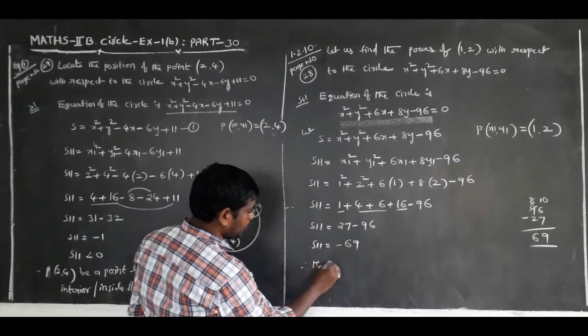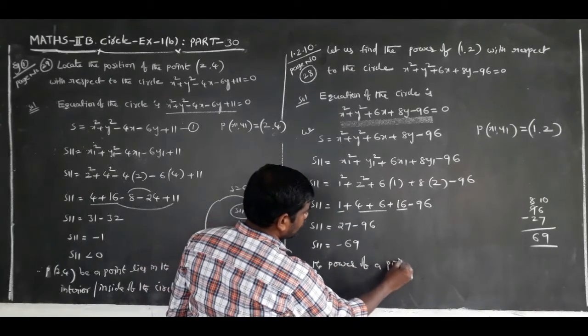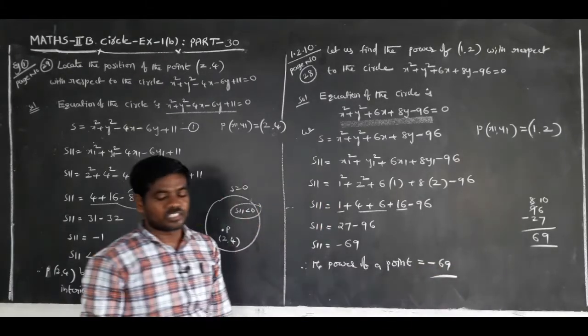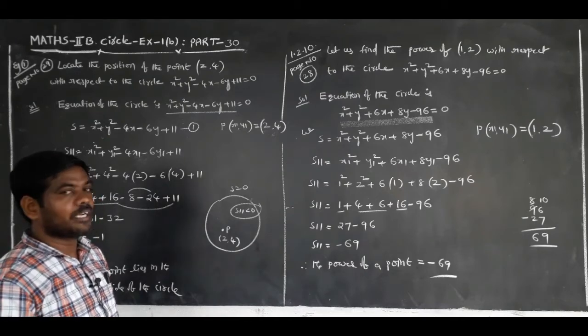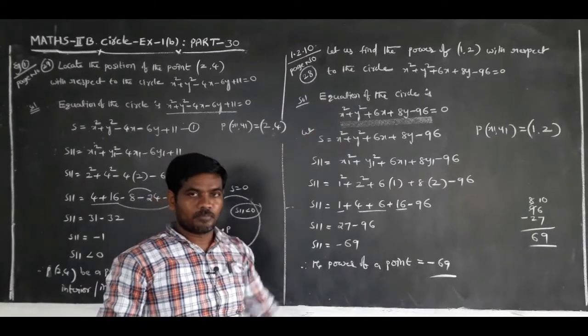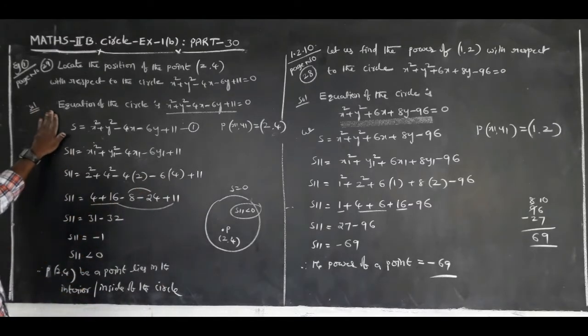Therefore, the power of the point is equal to −69. This is the process for finding the power of a point. This is also the process for locating the position of a point with respect to a circle. Here also we find S11.